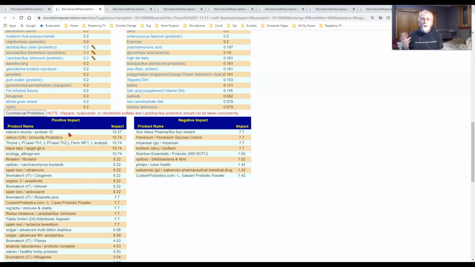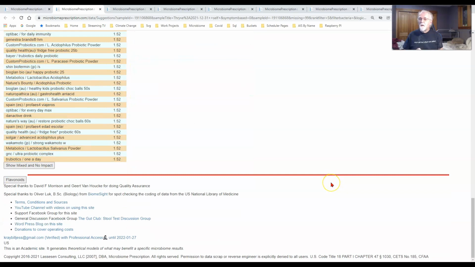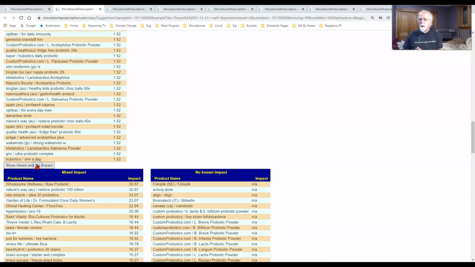So we have positive impact, which means there's no adverse effect that we are aware of in these species in this probiotic. Negative impact implies that there is nothing but negative effect. And then further down, we give the choice of showing mixed or no impact. Mixed impact is some will help, some will hurt.